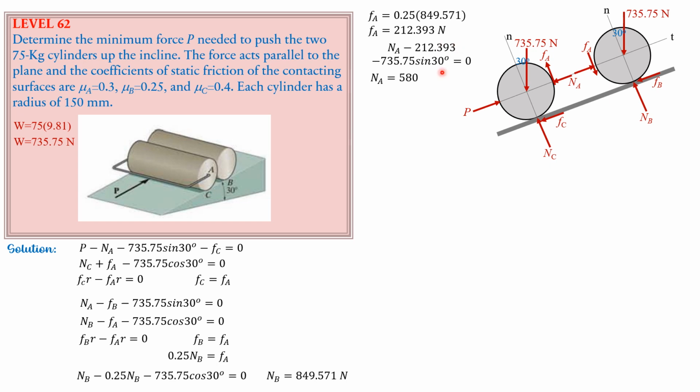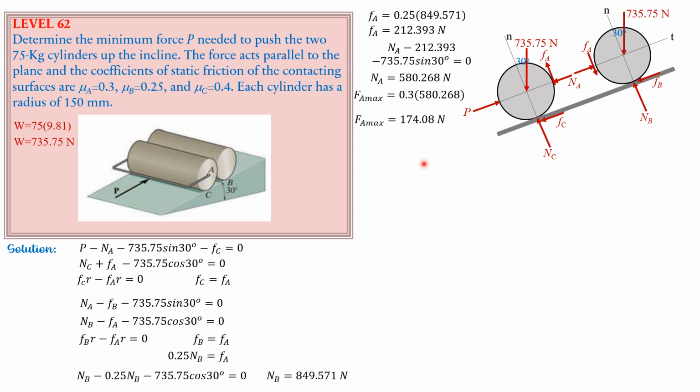So NA can now be computed, and it is equal to 580.268 newtons. Then the maximum frictional resistance at A is equal to 0.3 times NA, and FA max is equal to 174.08 newtons.